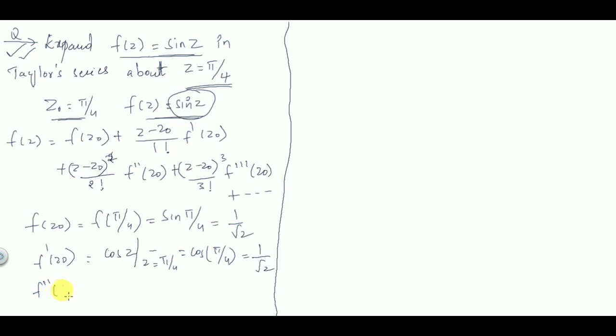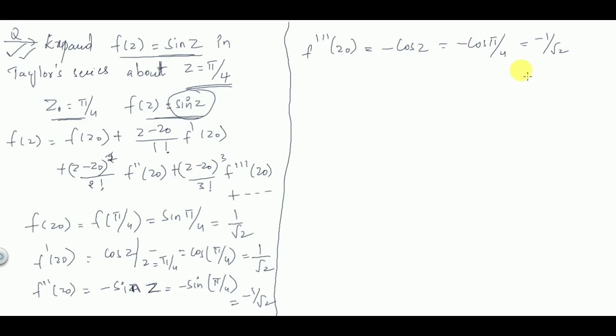Next, f double dash of z0: differentiation of cos z is minus sine z, so that is minus sine pi by 4, which is minus 1 by root 2. Next, f triple dash of z0 is minus cos z, so it is minus cos pi by 4, which is equal to minus 1 by root 2, and so on.